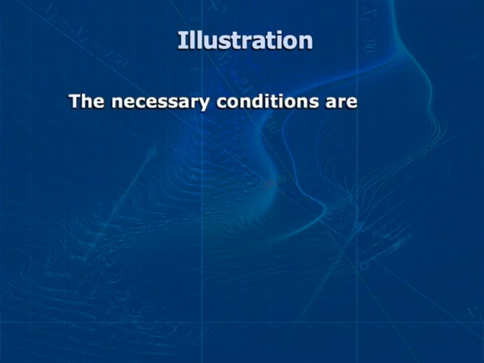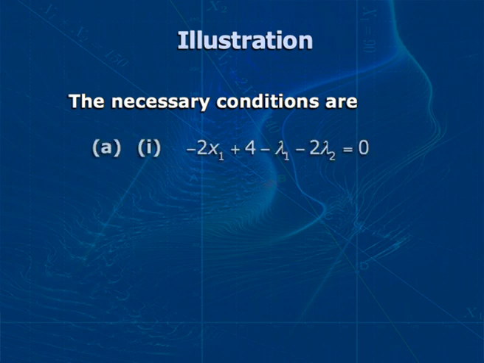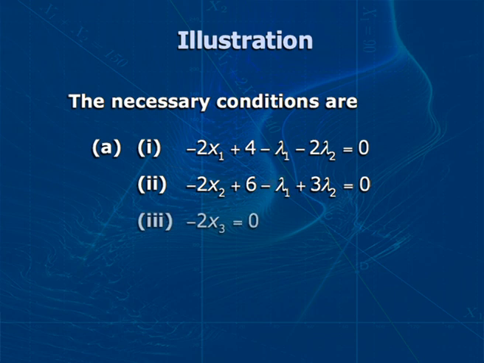The necessary conditions are: A, minus 2x1 plus 4 minus lambda 1 minus 2 lambda 2 is equal to 0, minus 2x2 plus 6 minus lambda 1 minus 3 lambda 2 is equal to 0, minus 2x3 is equal to 0.